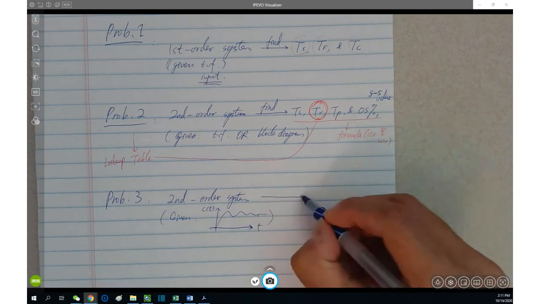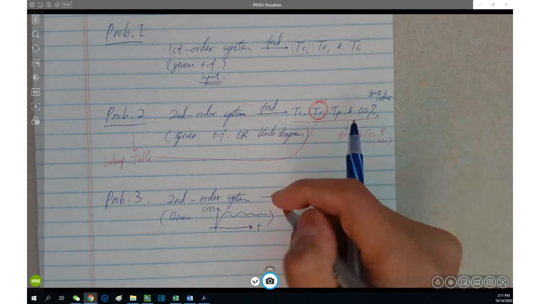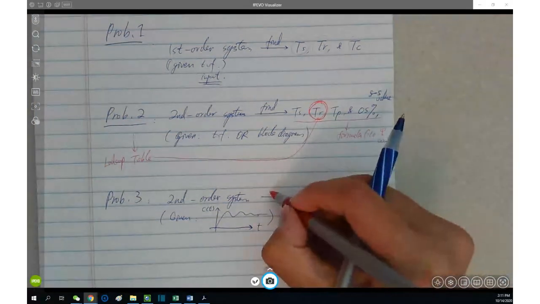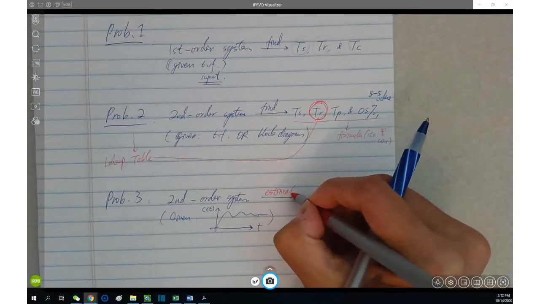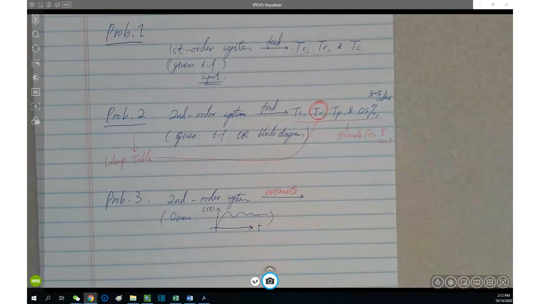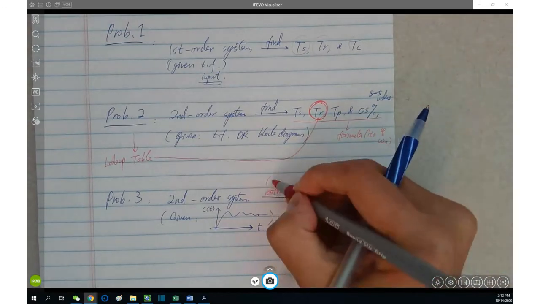And what do you need to do? This time it's not find, it's estimate. Estimate means read.